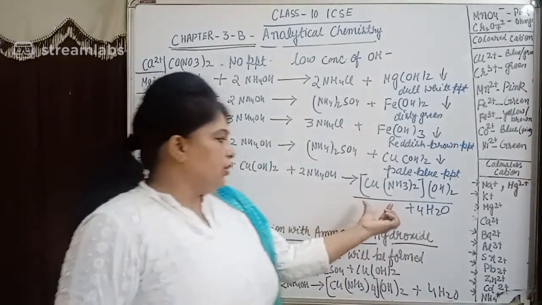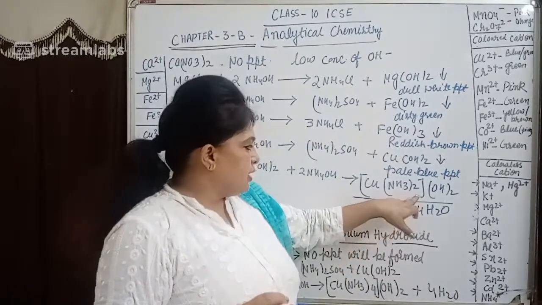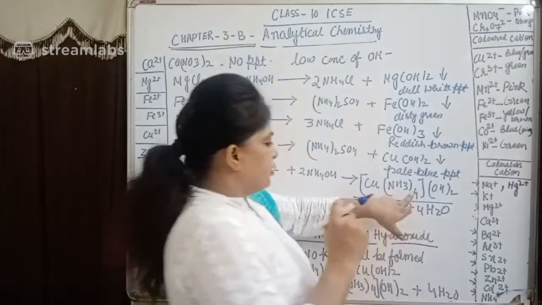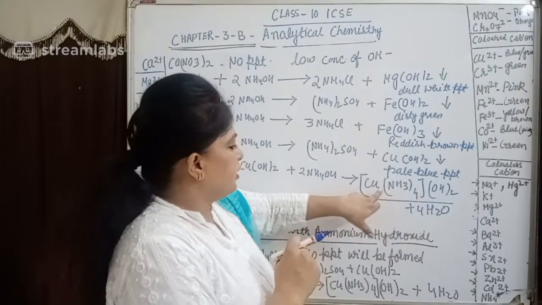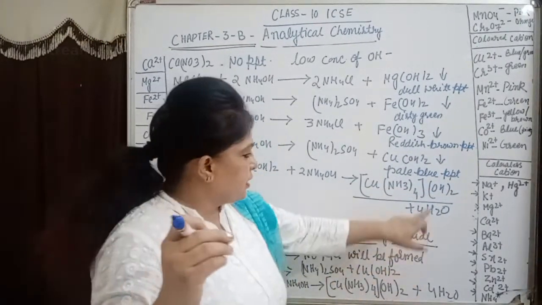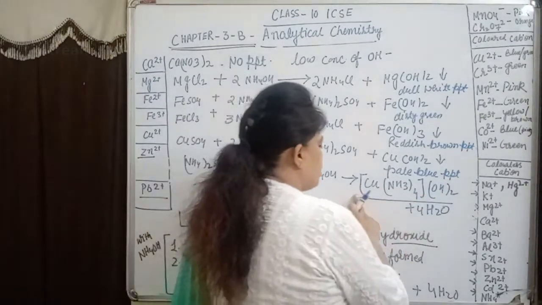What is the color of this solution? This will be the soluble salt. And what is the name? Since there is a 4, so tetraamine, right? Tetraamine, then copper hydroxide. What is the chemical name? Tetraamine copper hydroxide plus 4H2O.